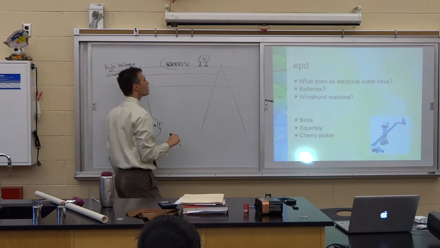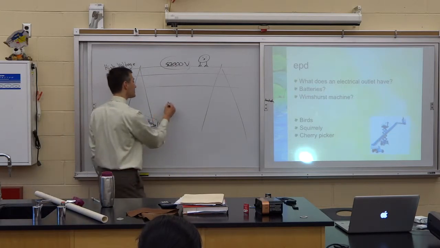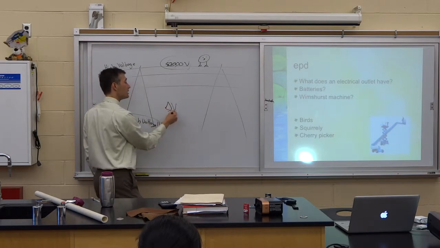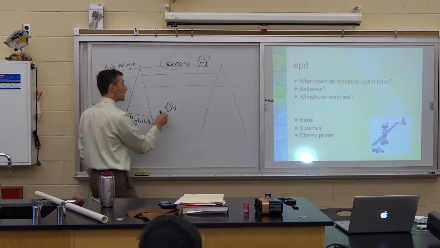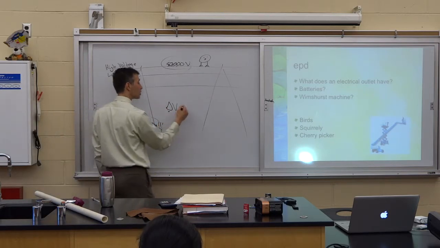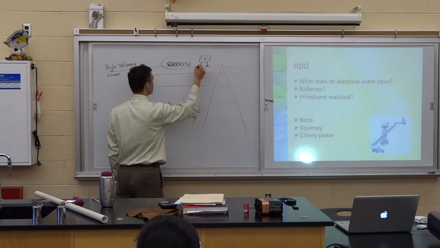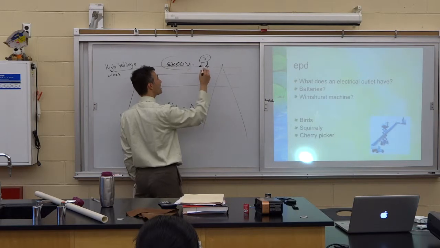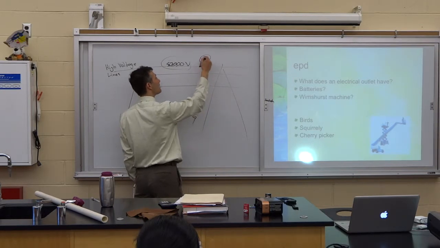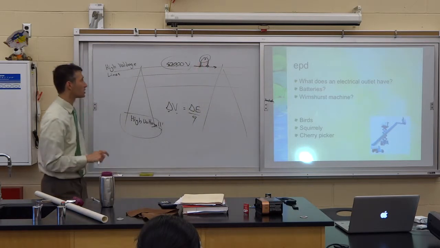However, those charges have little interest in moving through something unless there's going to be a difference, unless they can get to a lower energy state, unless there's going to be a drop in energy per charge. There is not a difference in energy per charge in these two spots where the bird is perched. So the charges cannot get to a lower energy state by going through the bird than they would by just continuing to come to the substations in our neighborhoods.